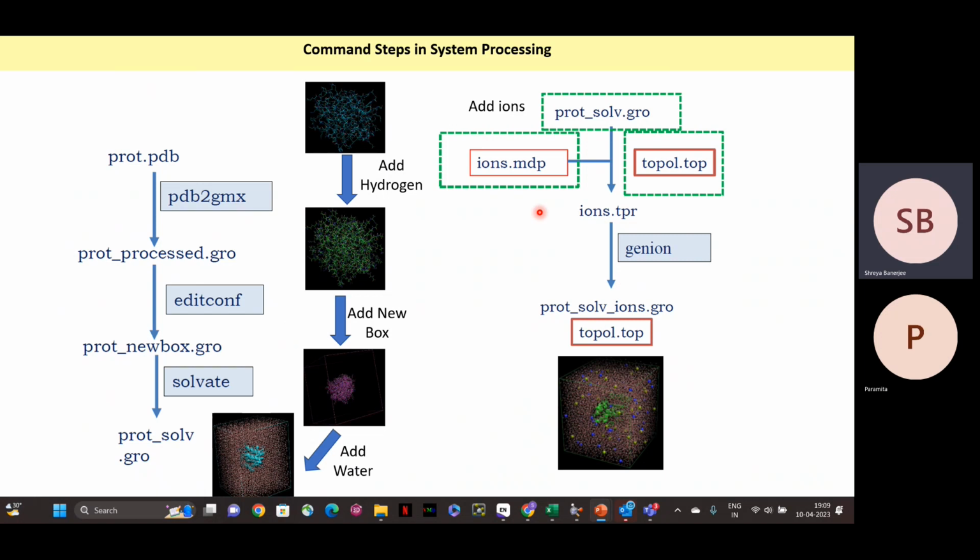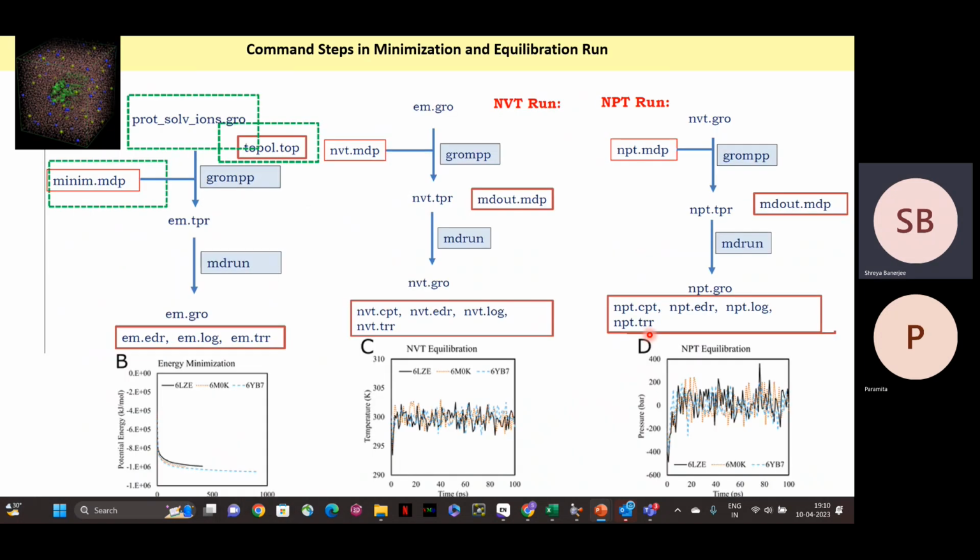There is a very nice free tutorial of GROMACS available, and GROMACS is also free software. You can try out the different commands and see the different files that are generated. I won't go into the details of the commands, I'll just talk about the results.